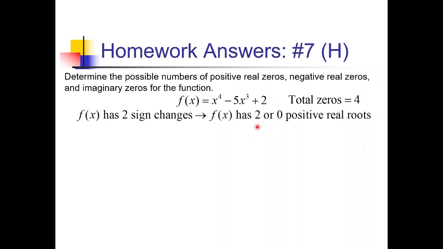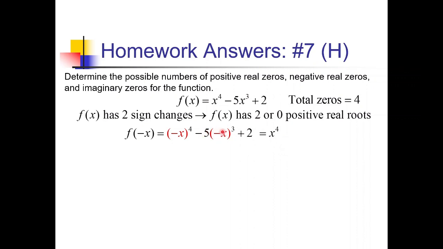Let's talk about negative real zeros now. To figure this out, I need to figure out the number of sign changes in f of negative x. So plug negative x into this function and kind of redo this analysis. So that's going to be negative x to the 4th minus 5 times negative x cubed plus 2. This first term becomes positive x to the 4th. And we have a negative times 3 negatives.